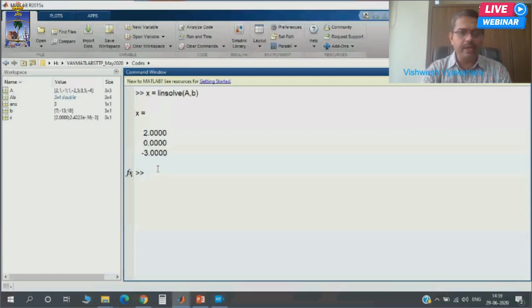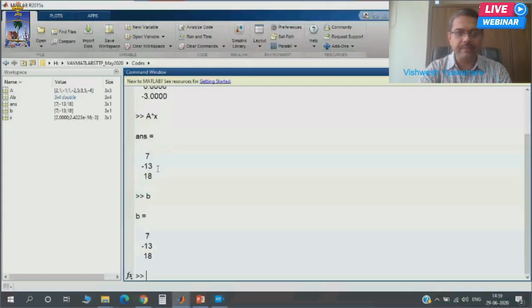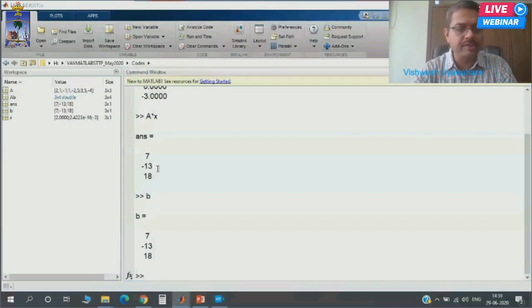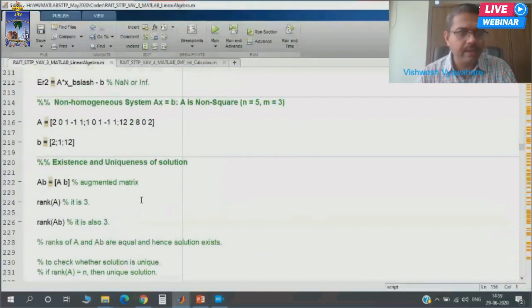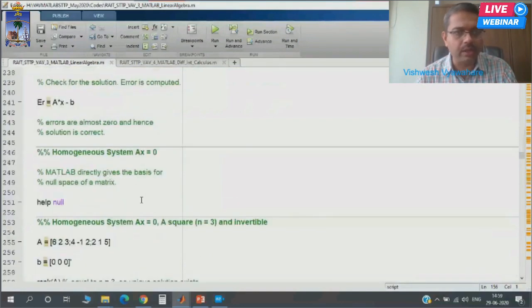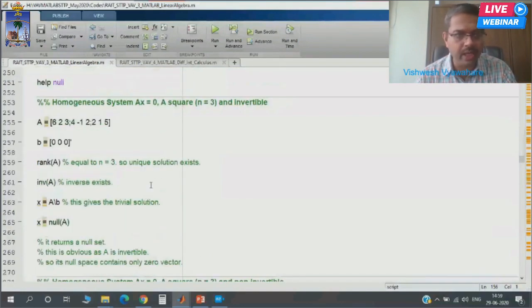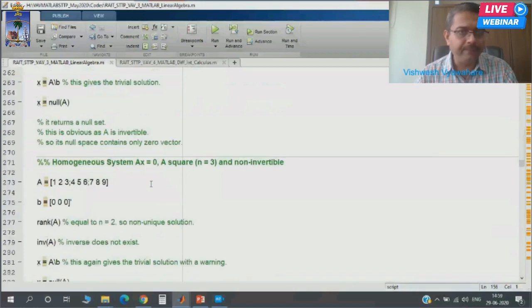Now let me simply do A star X, and this is my B. A into X should come out to be equal to B. So A into X is giving me 7, minus 13, 18, which is same as my B, and therefore we have got this solution. And this is correct. Now let's move ahead. We will not see the other conditions because we have to run quickly.